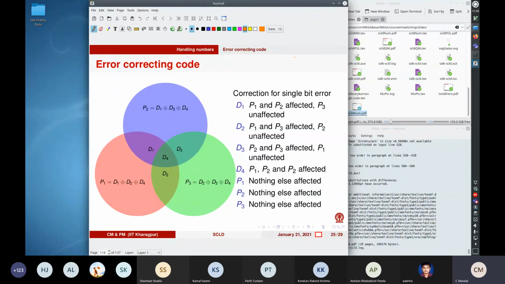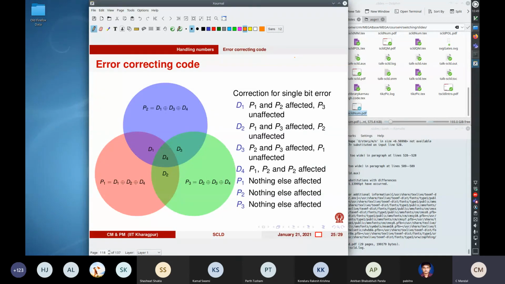In particular, if the data bits are in error, I mean you can correct any one error, but of course you don't gain much by correcting the parities. But this scheme allows you to correct any single bit error, either in the data or in the parity. Okay, as you can see. But we are interested in recovering the data correctly. So parity is only to help us to recover the data correctly.